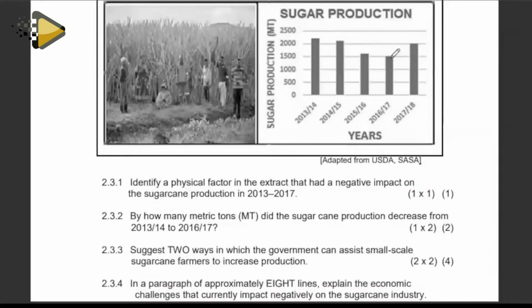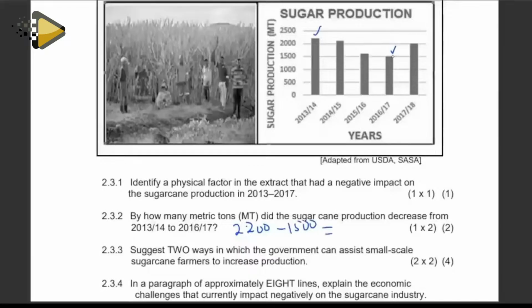So as an estimation, we want the difference between the production here and the production at this particular point. We want to find the difference there. How much has it decreased by? If you take this measurement here, it's 2,000 and 2,500. So we can assume that it's slightly 2,200 against 1,500. If we take those figures, we are saying 2,200 metric tons minus around 1,500.